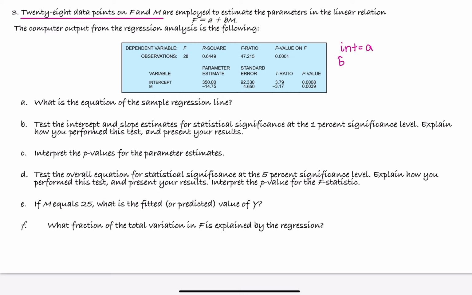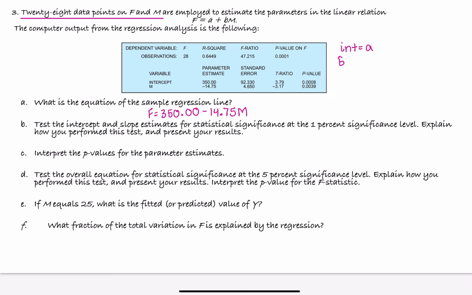Our slope parameter. What is the equation of the sample regression line? This is going to be F equals 350 minus 14.75 m.